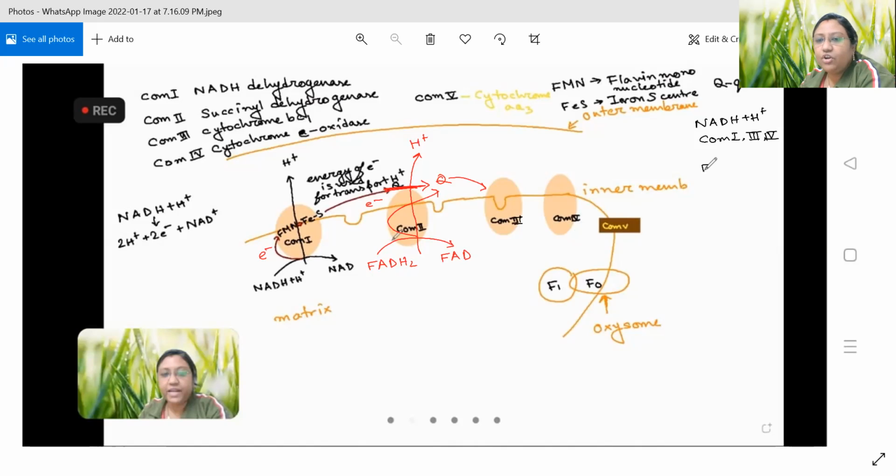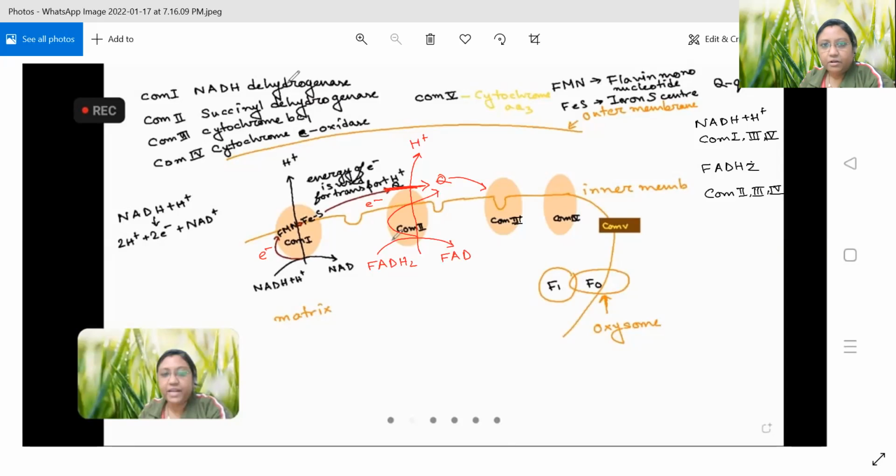Whereas the electron derived by FADH2 will go to complex number 2, 3, and 4. That means complex number 1 can never be used by FADH2 to send proton outside. And similarly, complex number 2 can never be used by NADH to send proton outside. Okay.